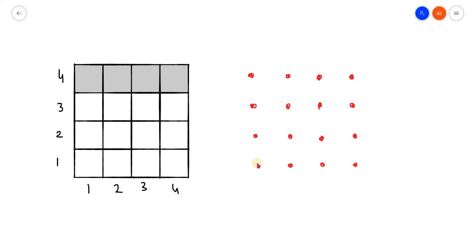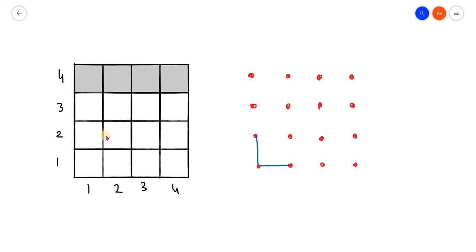Okay. So node number 1 is connected to node number 5 and node number 2 here. So let's connect it with node number 2 and node number 5. And similarly, node number 2 is connected with node number 3.